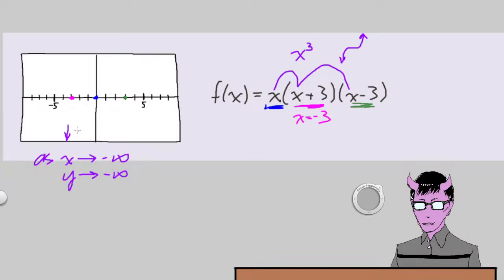So that is the end behavior for the left hand side. For the right hand side, as x approaches positive infinity, then y approaches positive infinity. Because if you cube a very large positive number, it's still going to be positive, but even larger in size.